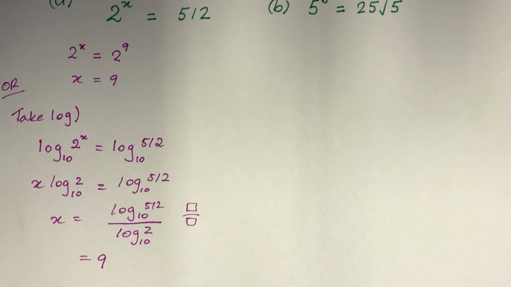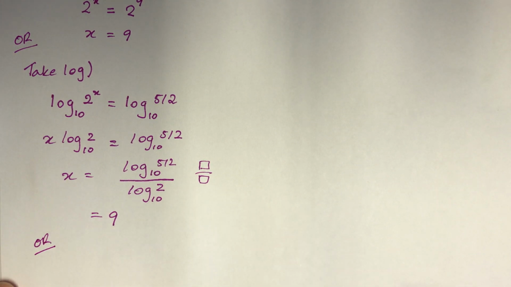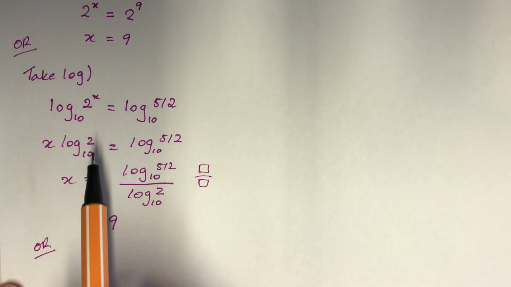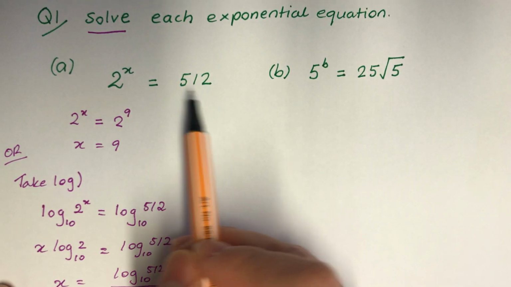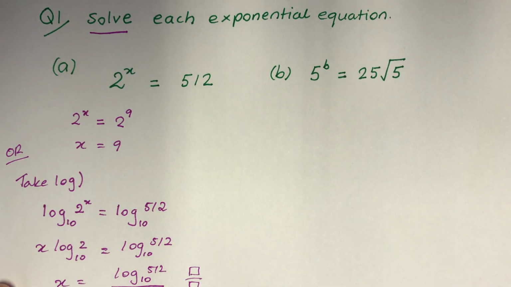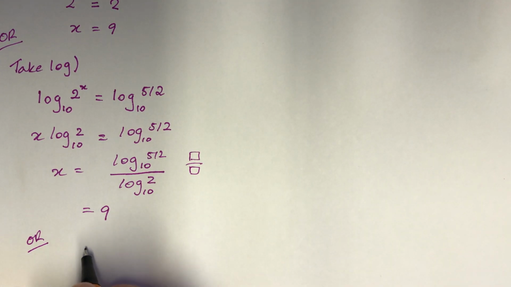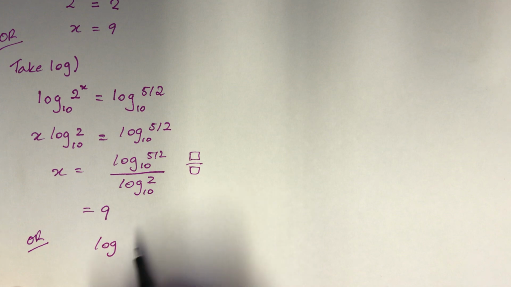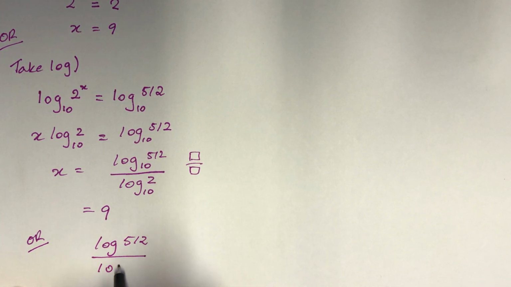All right, another quick one. When you come this far, you just want to know what power goes with the 2. The quickest way you could do is log 512 in your calculator, over log 2, and you'll get 9.